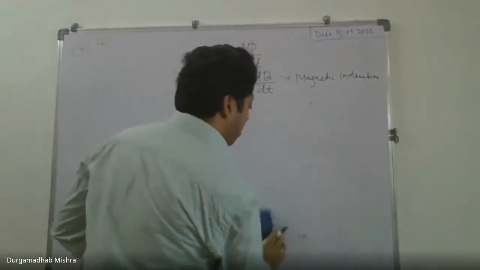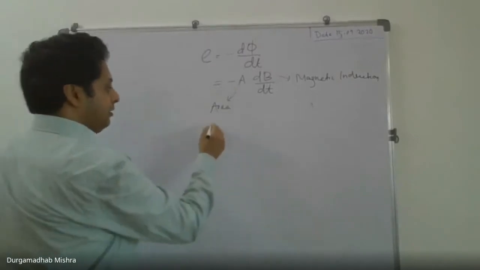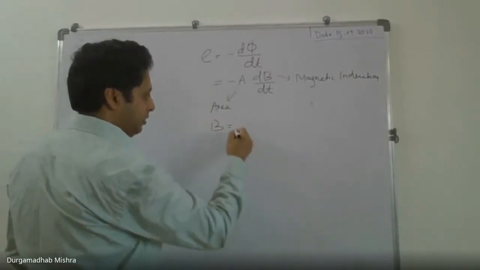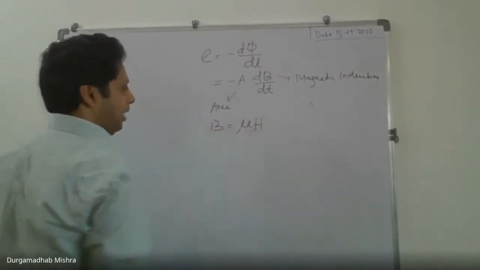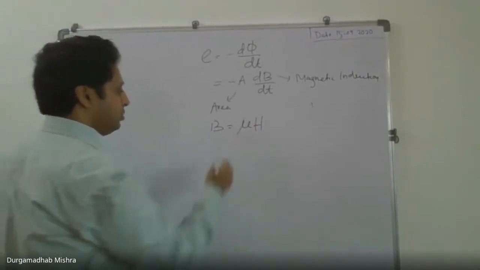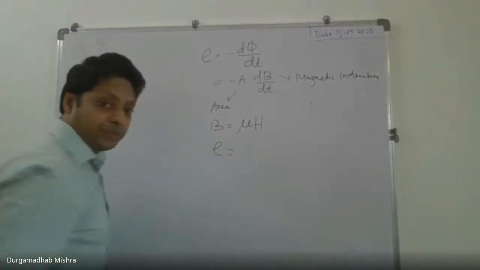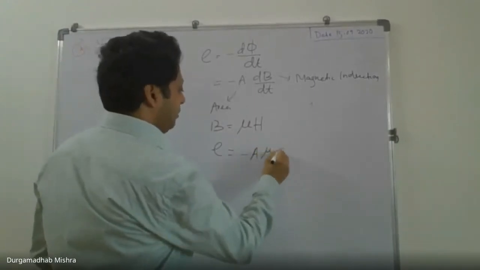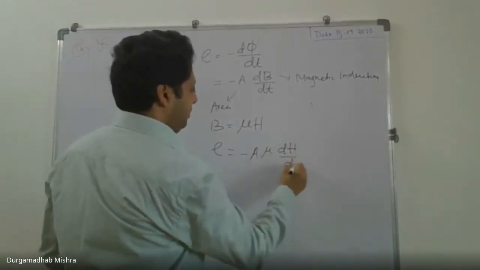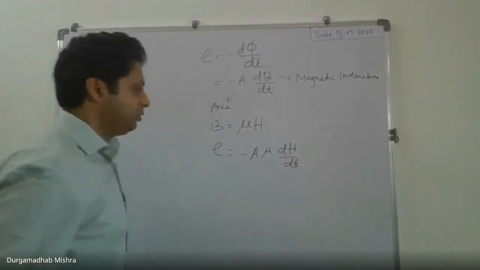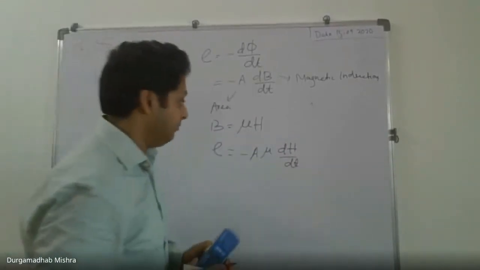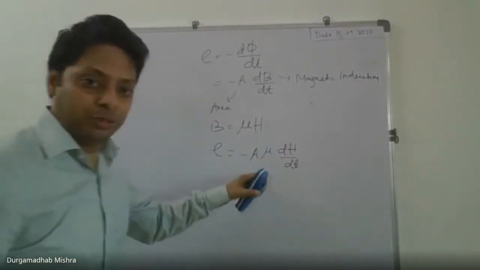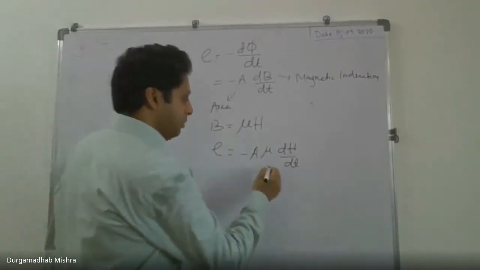But if I look at a magnetic material, B is equal to mu H. So my induced EMF is of the nature of mu dH by dt. Of course mu also depends on the applied field, but let's assume some value. This mu is permeability.